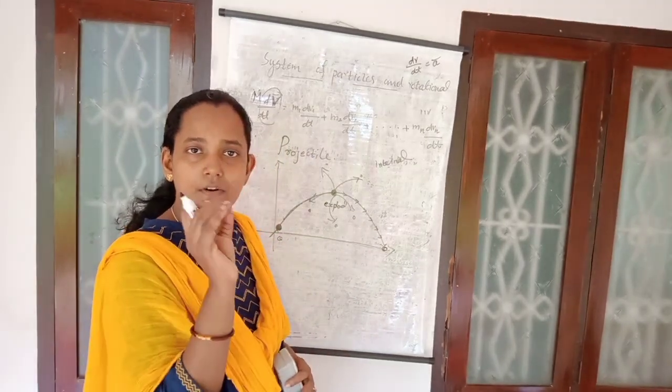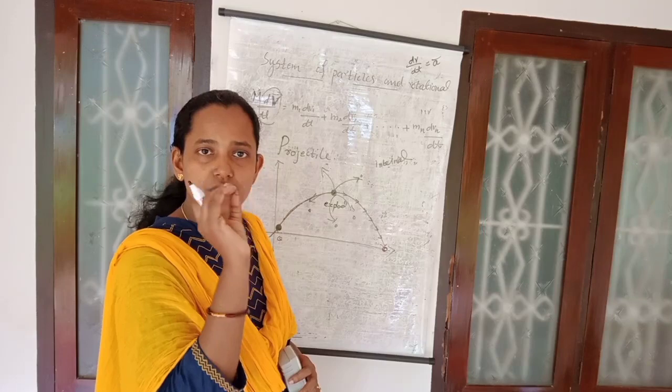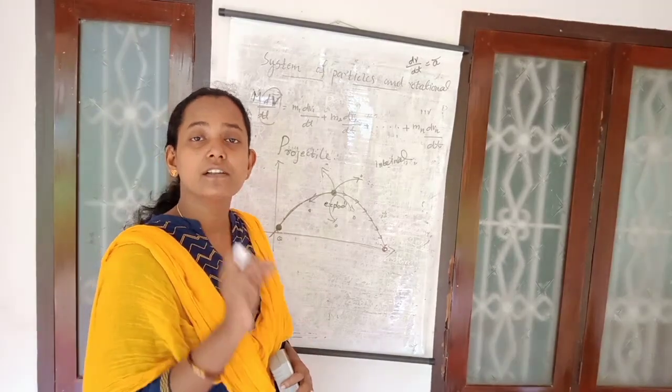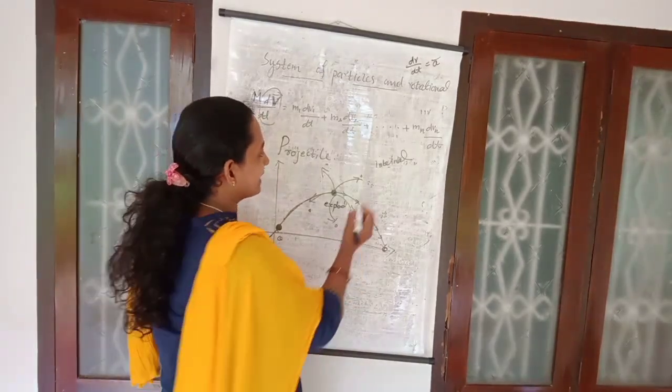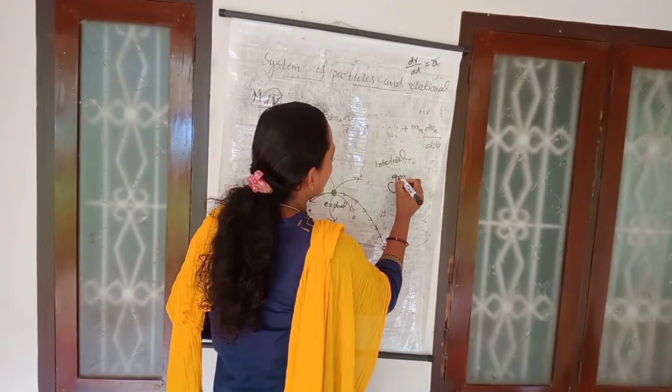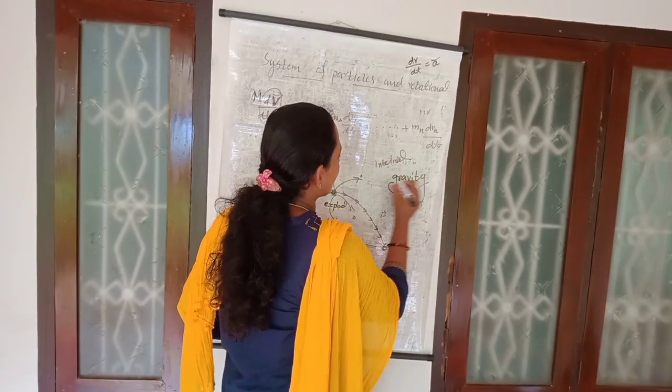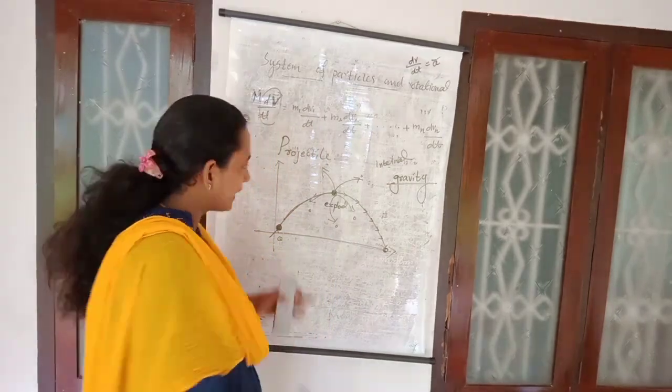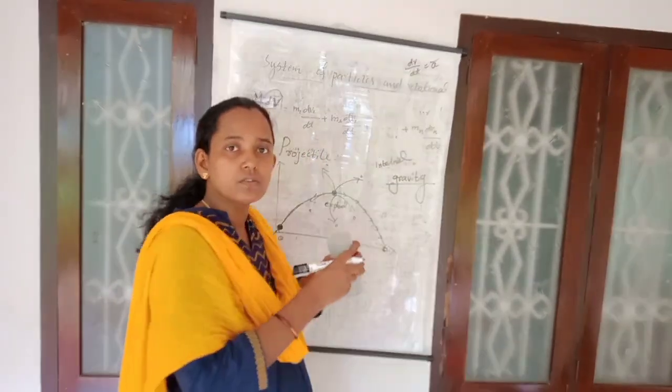Why? Because whenever you are locating the center of mass, you just want to consider the external force acting on that system, and the external force acting on that system is only gravity. It is moving only under the action of gravity. The explosion happens because of the internal force.